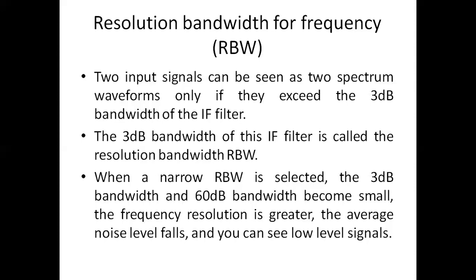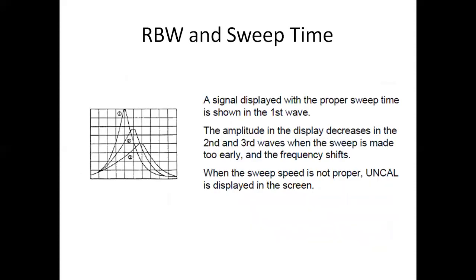When a narrow RBW is selected, the 3 dB bandwidth and 60 dB bandwidth become very small, since we are choosing a very narrow bandwidth. The frequency resolution will be much higher, and the average noise signal will fall, and we can see the very low frequency signals also.